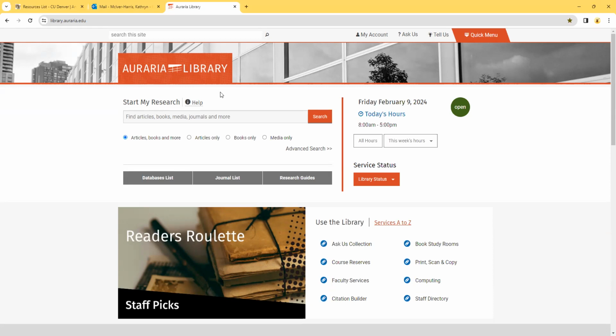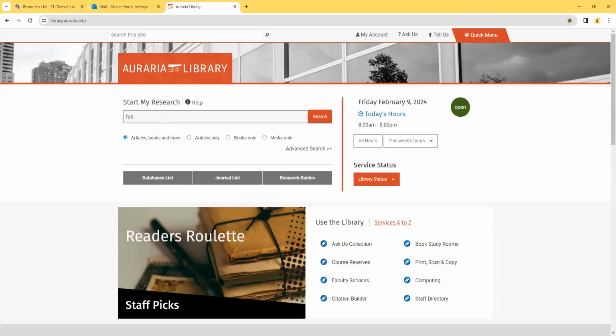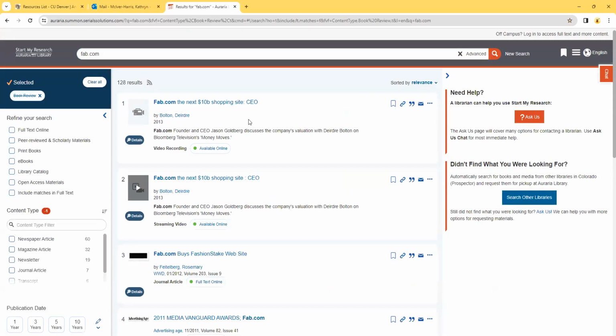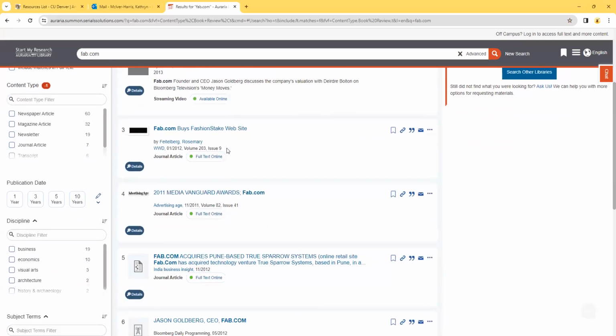So oftentimes when we come to library websites, we start here where it says Start My Research. And that's a pretty good place to start. So if you were going to look for fab.com, you could go back and see there's actually 128 results that may or may not be relevant, but related to fab.com.